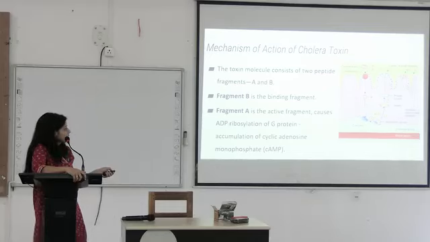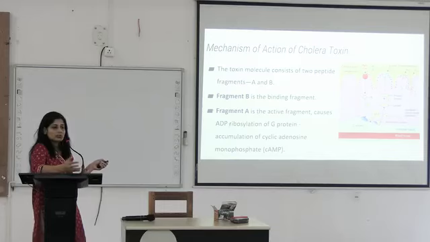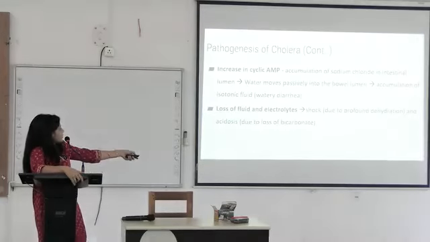Then the cyclic AMP remains in the active state. What happens then? All the chloride ions are released into the intestine, and to maintain the osmotic pressure, water from these cells will also go out. This is the reason you usually observe rice water stool, because there is no fecal content, there is only water and ions, right? That was about the mechanism of cholera toxin.